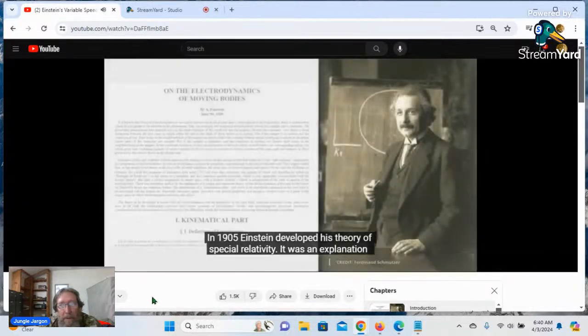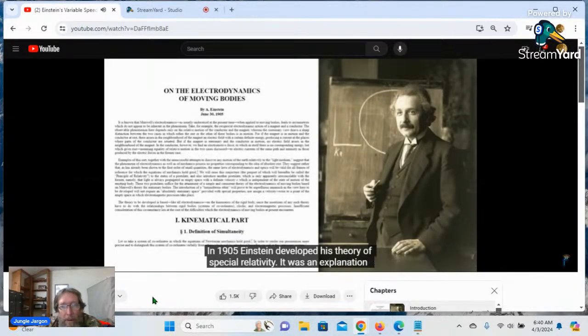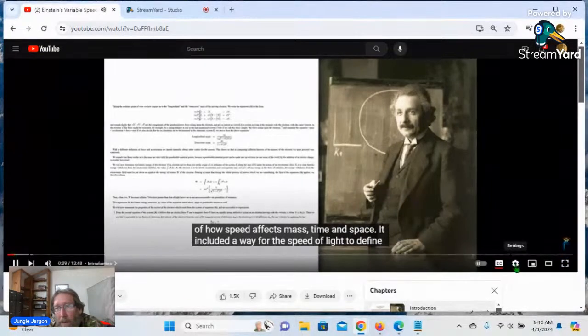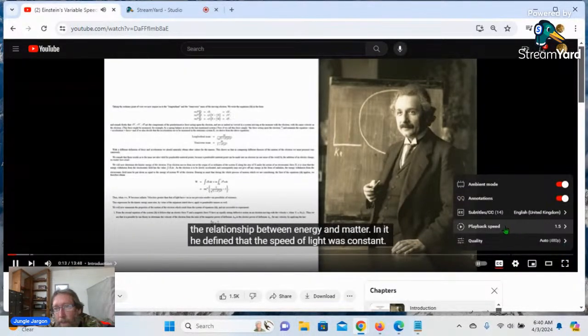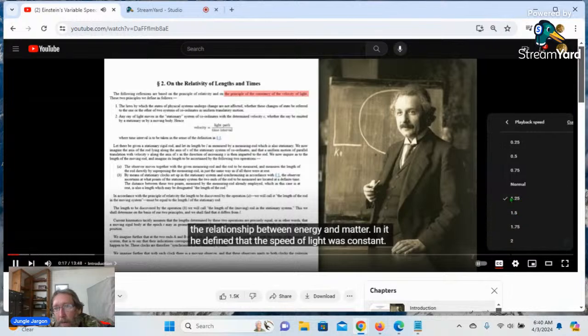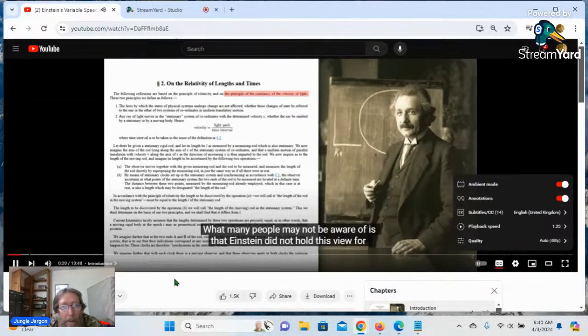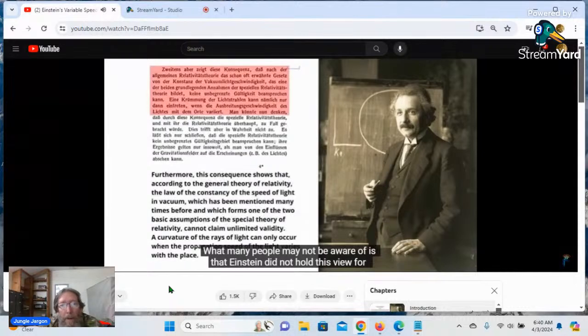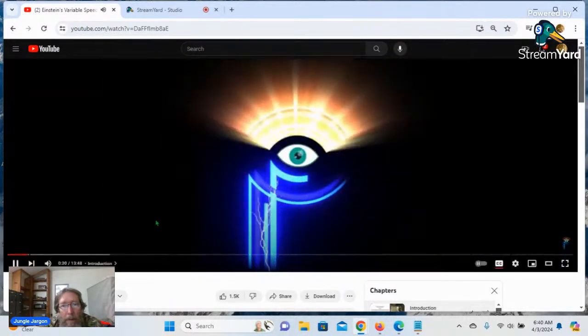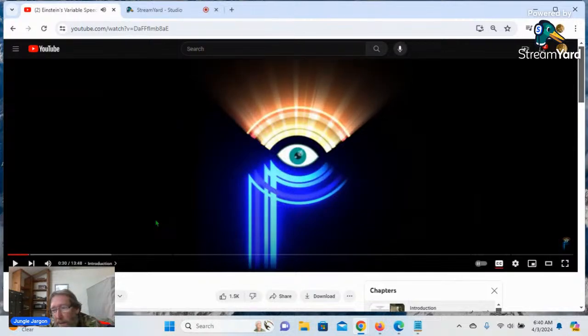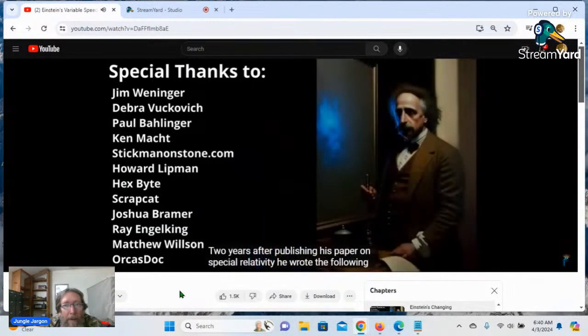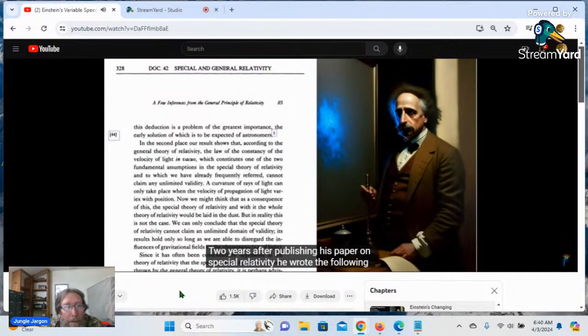In 1905, Einstein developed his theory of special relativity. It was an explanation of how speed affects mass, time, and space. It included a way for the speed of light to define the relationship between energy and matter. In it, he defined that the speed of light was constant. What many people may not be aware of is that Einstein did not hold this view for long, and would start to develop a theory which would allow for a variable speed of light. Let's dive in. 2 years after publishing his paper on special relativity, he wrote the following in a paper on the relativity principle and the conclusions drawn from it.